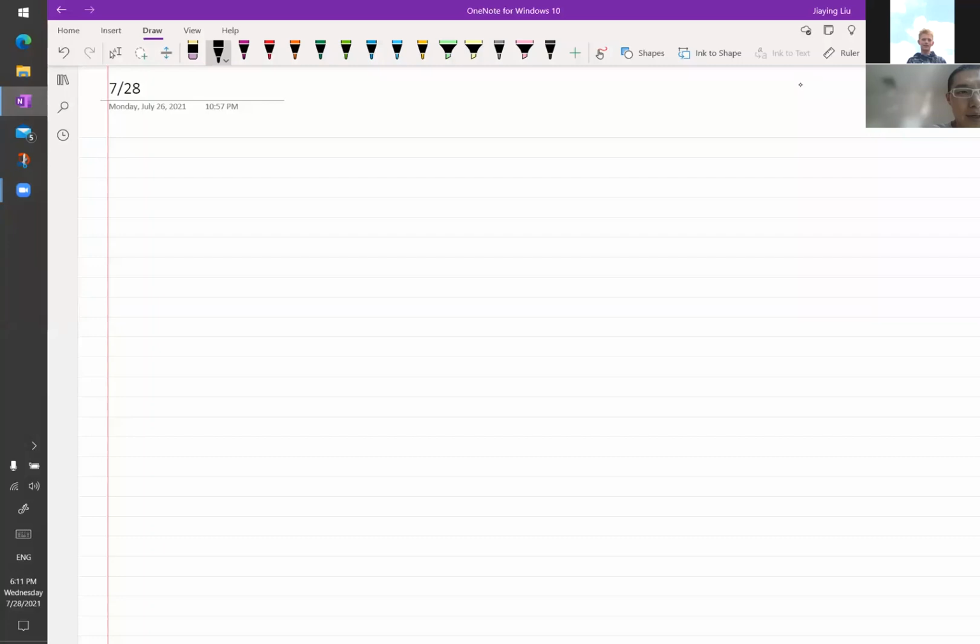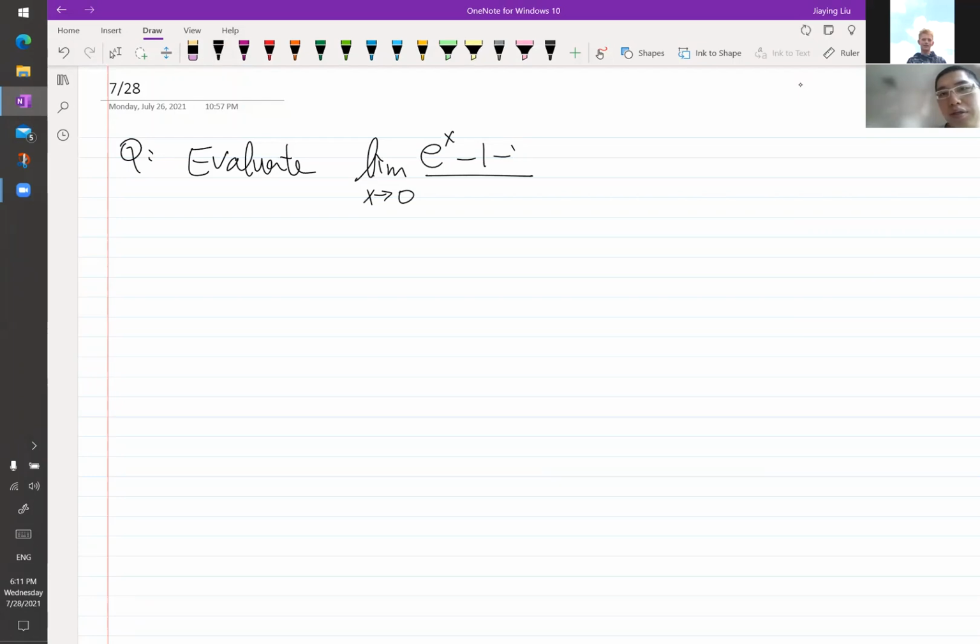So the question is: evaluate the limit as x goes to 0 of (e to the x minus 1 minus x) over x squared.